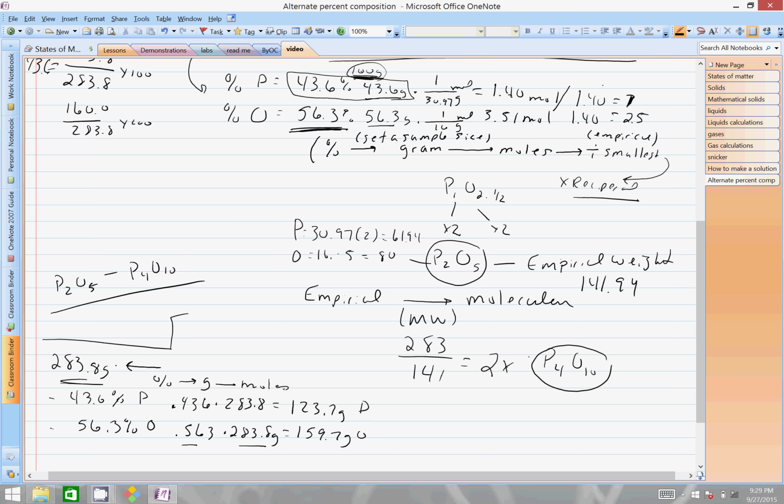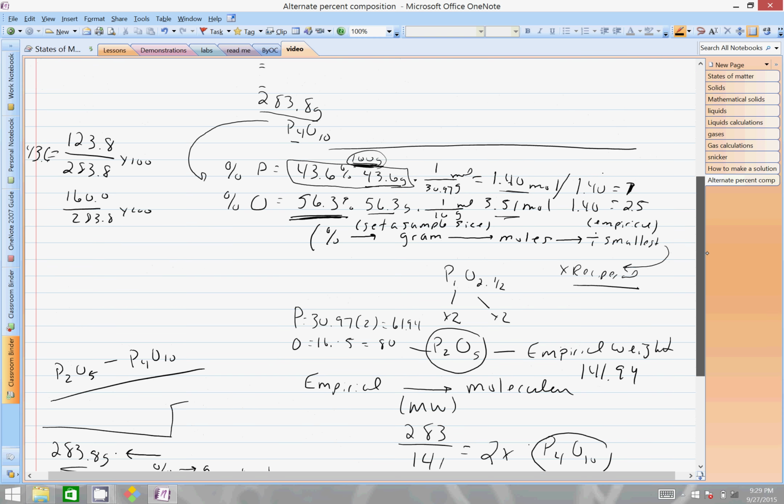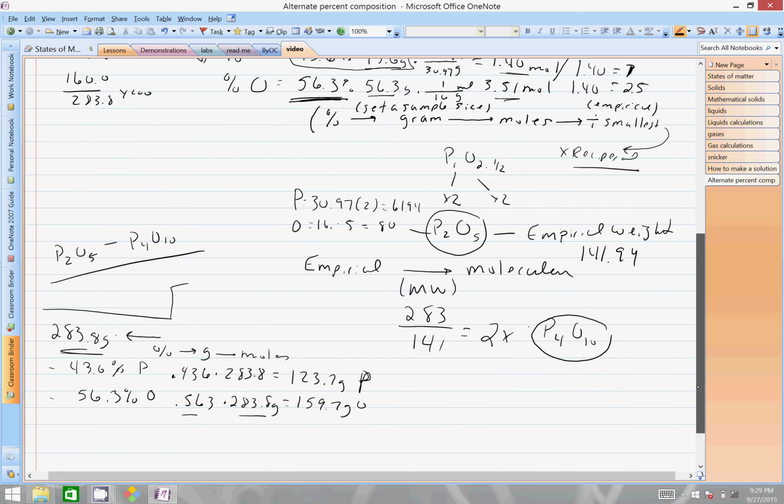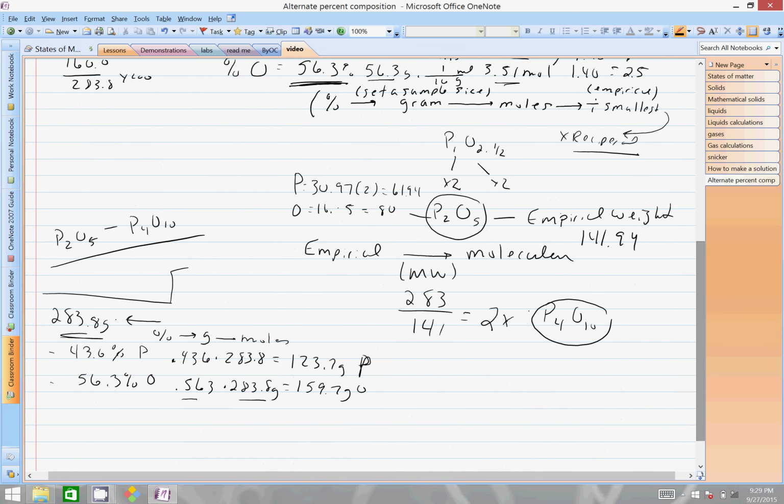Now again, the last one we got these random numbers of moles. But this time, because I picked a very specific mass, I'm thinking my moles will come out to a whole number. Because I have 1 mole of this stuff that I picked, if I have 1 mole of this, I should get 4 moles of phosphorus and 10 moles of oxygen, based on its formula, without even knowing that that's my formula.